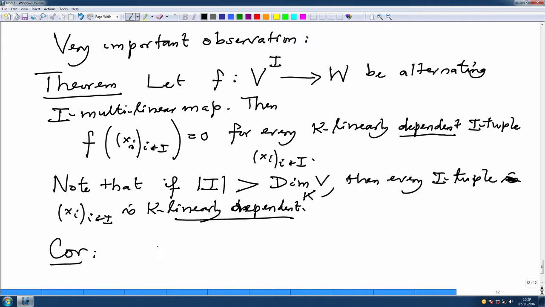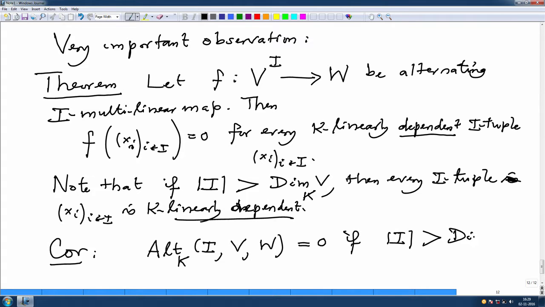I did not introduce a notation, but I will do it now. If I write alt k I V W, this means all alternating I multilinear maps from V power I to W. Then this set will be just the 0 map if the cardinality of I is more than the dimension, because on any tuple the value will be 0.